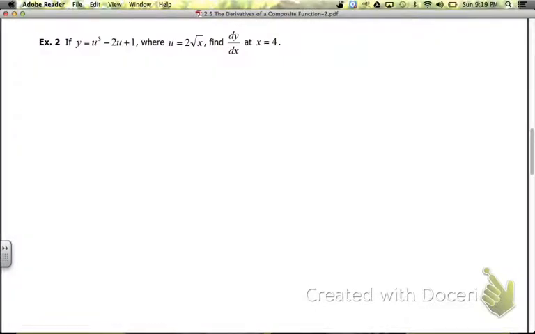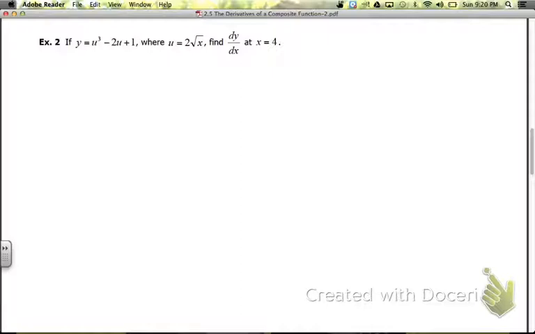So example 2: if y is equal to u cubed minus 2u plus 1, where u is equal to 2 times the square root of x, we want to find dy over dx, the derivative of y in terms of x, at x equals 4. We look at this and we can say right away we know this is Leibniz notation.